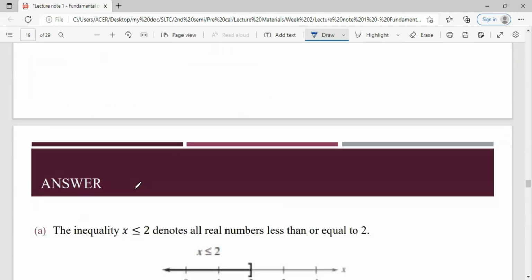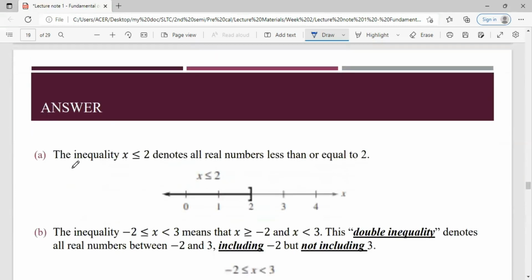We can describe this one: the inequality x less than or equal to 2 denotes all real numbers less than or equal to 2. Okay, less than or equal to. So we can draw a number line, and less than or equal to means this bracket, right?